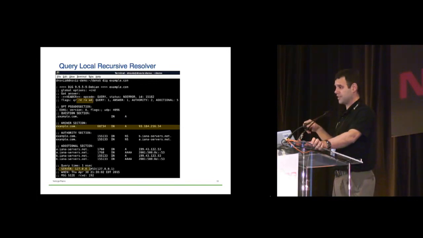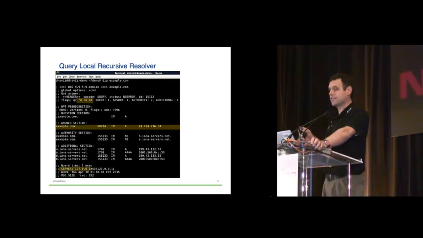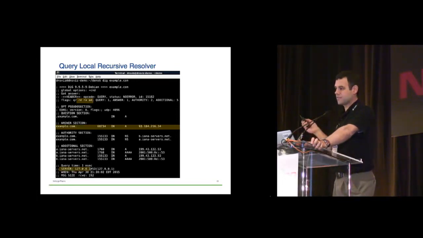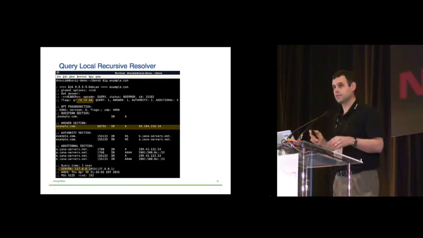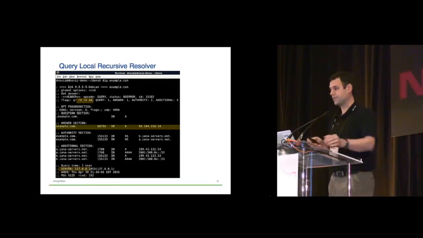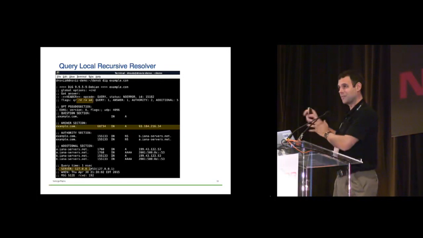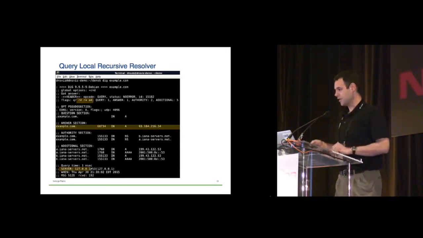So when you say dig example.com, you can see at the very bottom, what's highlighted on the bottom of my slide there, it tells you the server that it's coming from, in this case 127.0.0.1. And then you can see that the RA flag is set at the top, which means that recursion was available and it actually did go do the recursion for you. Okay, it found the answer. So it did all what we did in those previous 3 steps, but it did it for you.